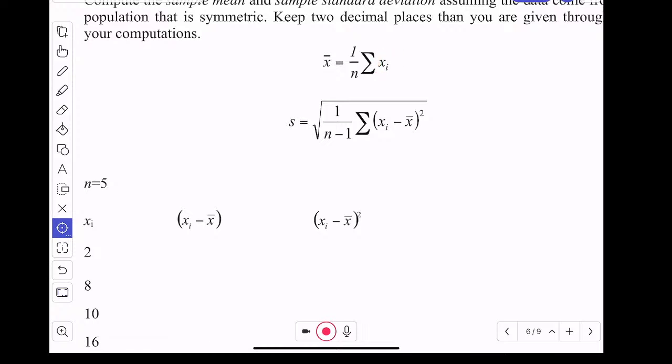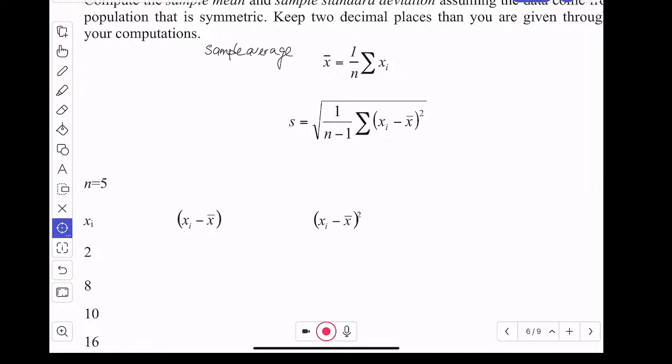X represents each observation with a subscript i, telling you to go through the observations and sum them, and then divide by n. So whenever you see this symbol, a summation and an n on the bottom, this is an average. In this case, it's a sample average, but it's an average nonetheless. Statistics is about averages and relative measures.